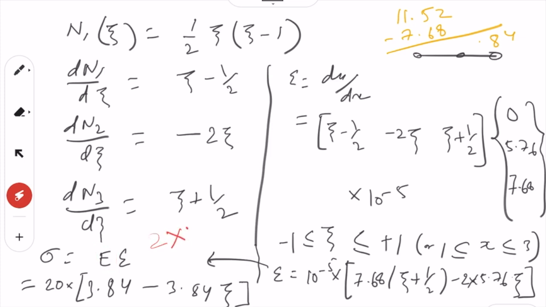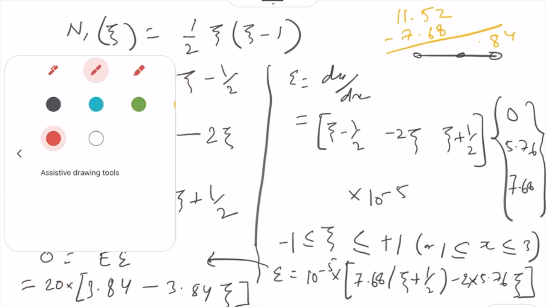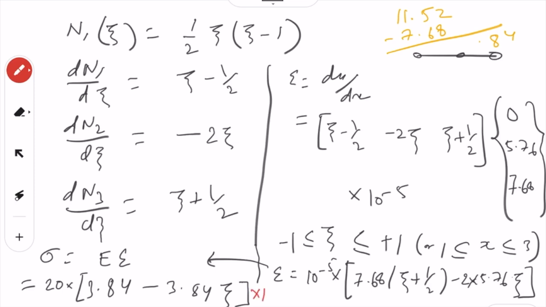E is 2 times 10 to power 7. Okay, so if you multiply E here, 2 times 10 to power 7, so this should be 200 instead of 20 here. So I think we have to correct it. So we will say multiplied by 10.